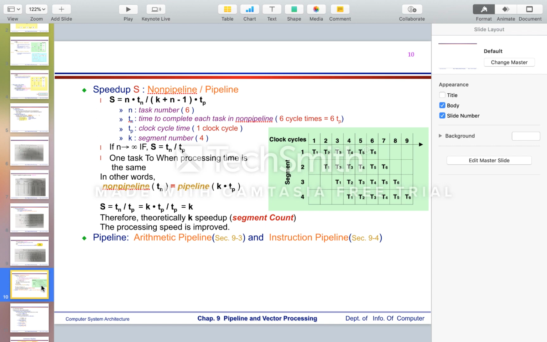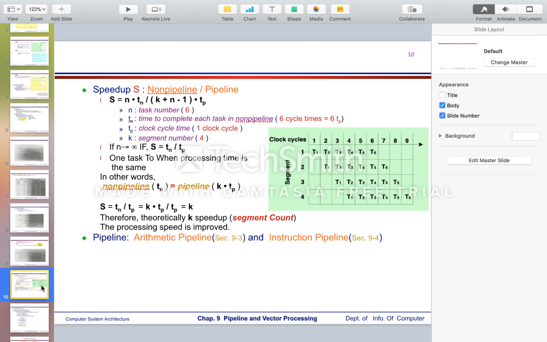If we perform the operation in a non-pipelining system, and let us say that Tn is the time required to complete one task, then what is the total time required for n tasks? It will be n Tn.